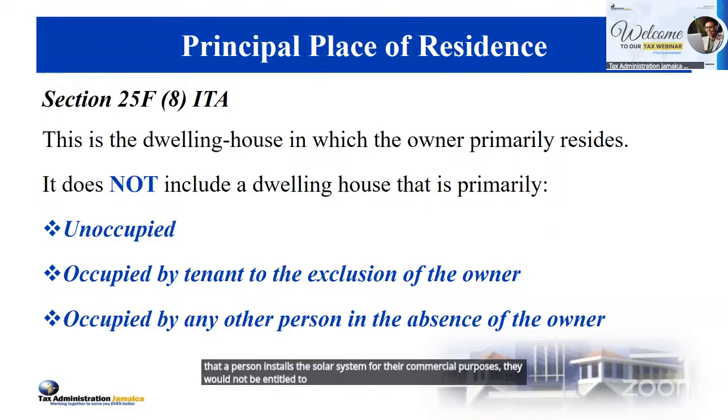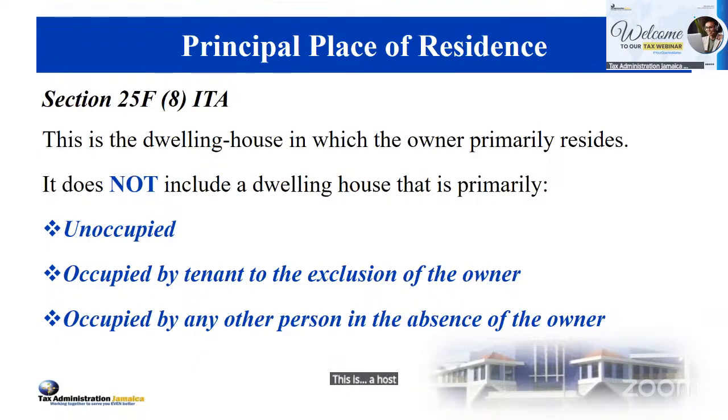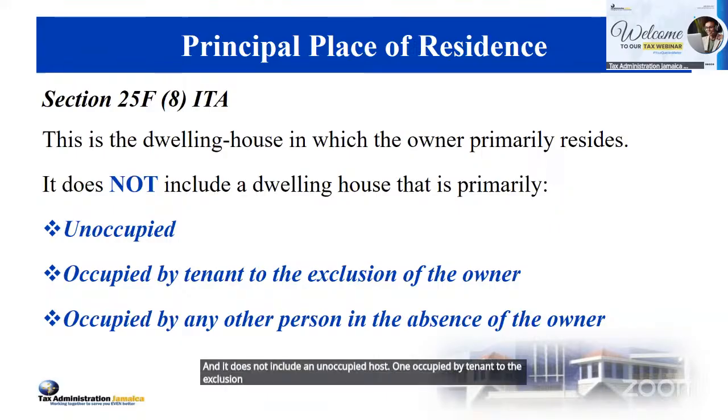It must be installed on a dwelling house. Now, what is considered a dwelling house? This is a house in which the owner primarily resides. It does not include an unoccupied house, one occupied by a tenant to the exclusion of the owner, or occupied by any other person in the absence of the owner.